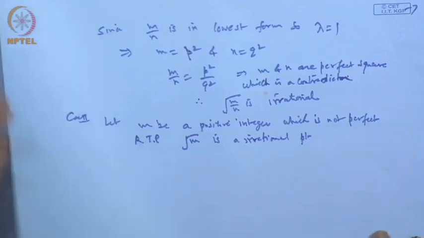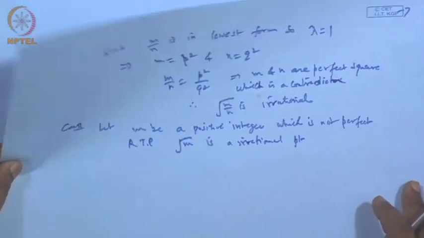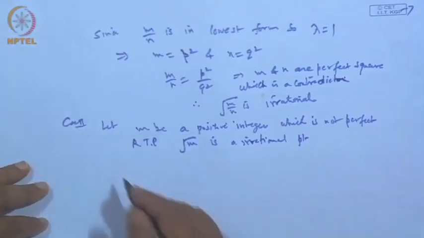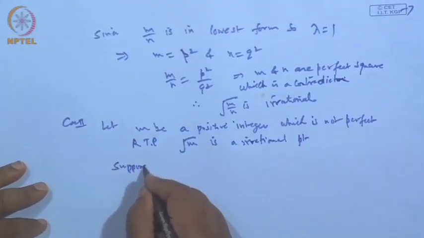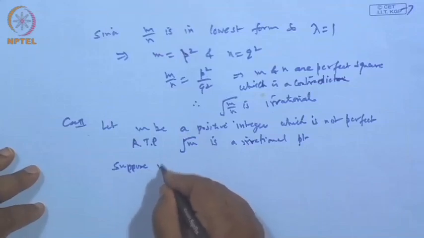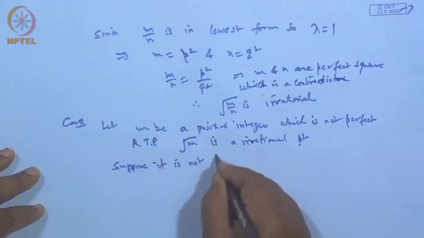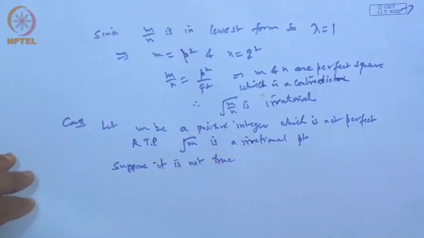Okay. Suppose it is not true. So, let p by q be the number.